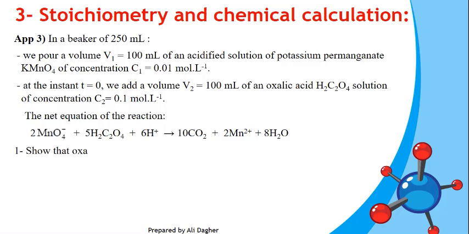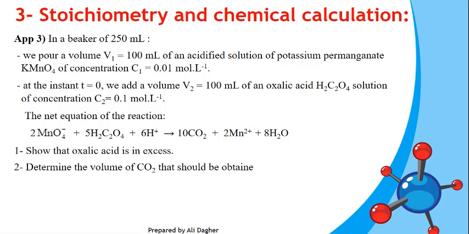1. Show that oxalic acid is in excess. That means MnO4- is the limiting reactant. 2. Determine the volume of CO2 that should be obtained at the end of the reaction. That should be obtained, that means theoretical, that means calculated based on the stoichiometry of the reaction using the limiting reactant. 3.